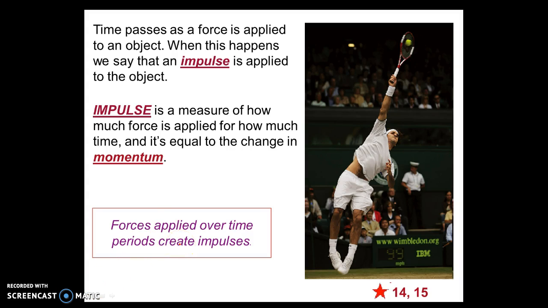A great example would be if I took an egg and I threw it at the wall. The impulse will be a very short time frame, but my force is going to be the same in both situations. So I throw it at a wall. The egg smashes into a million pieces. Well, my impulse is going to be less.